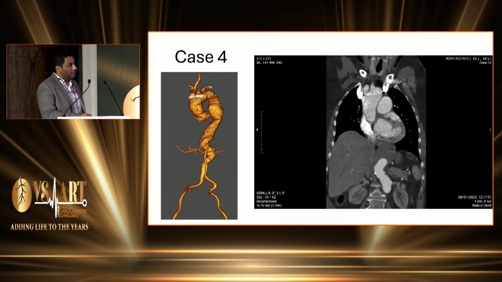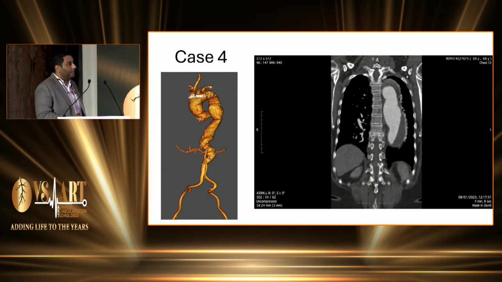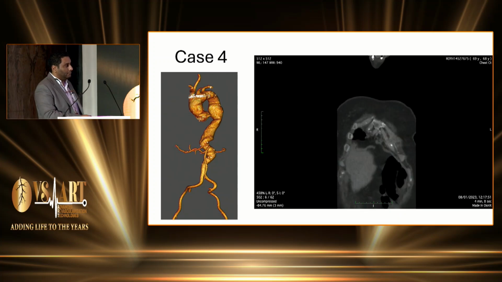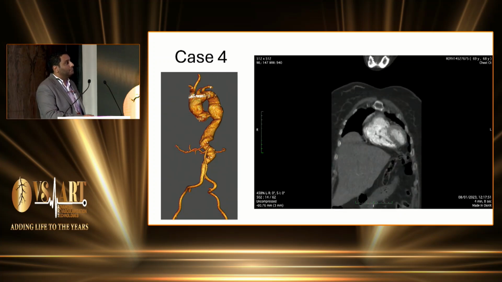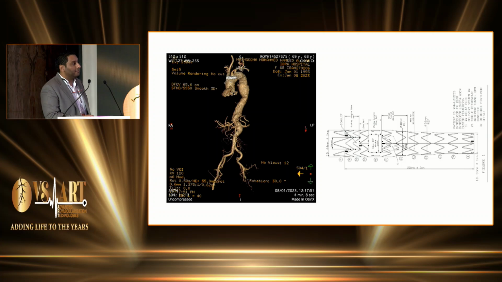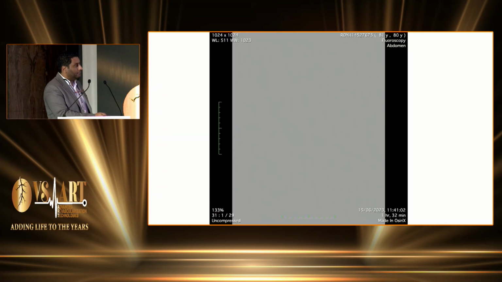Yes, so that was the planning with the Relay Plus graft. So we did a scallop to the left carotid and a left subclavian artery branch using a Viabahn stent.